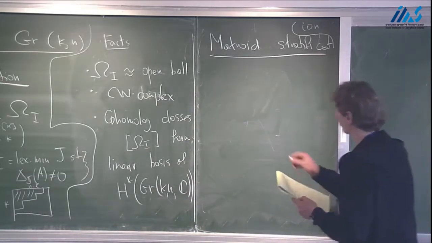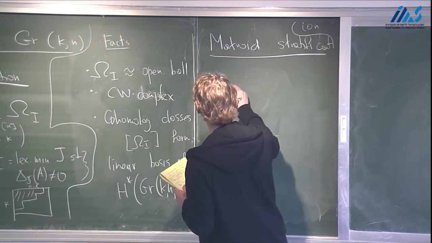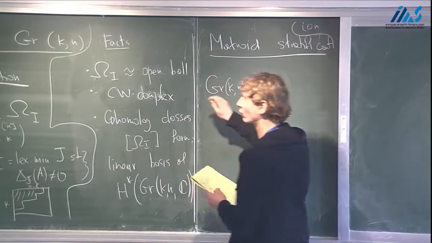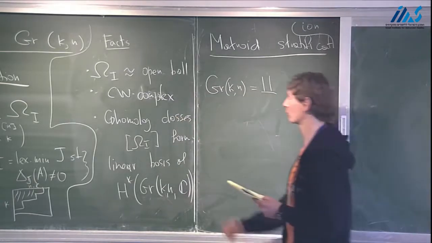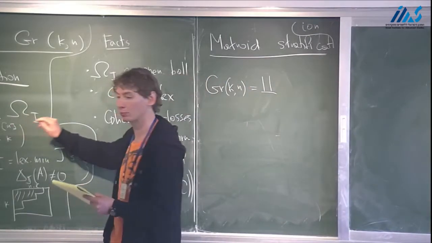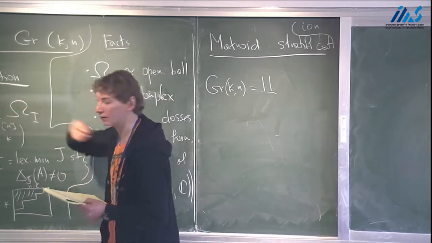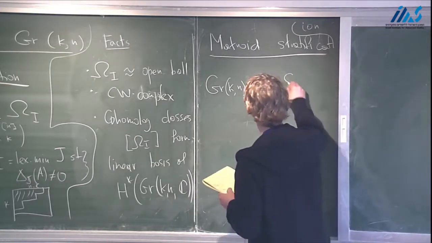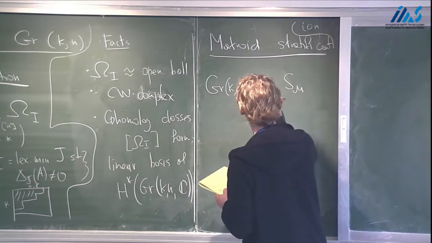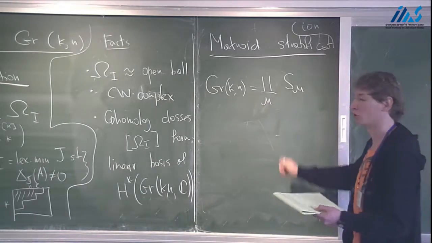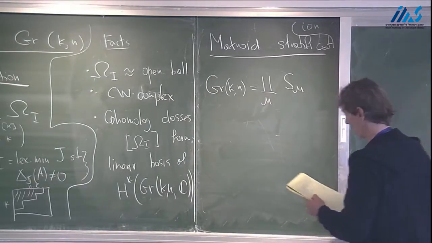So you can subdivide the Grassmannian into much smaller cells than the Schubert cells, much smaller strata. I shouldn't call them cells, but much smaller strata than these omega I's, into matroid strata. Let me denote them by S_M. They are labeled by matroids, well, by matroids realizable over your field.